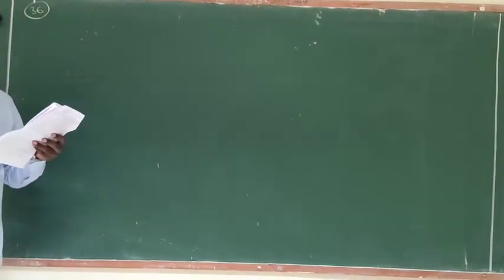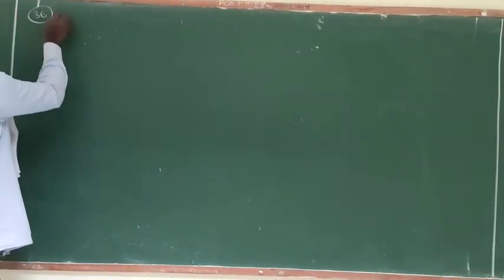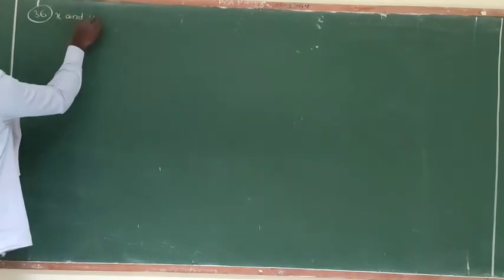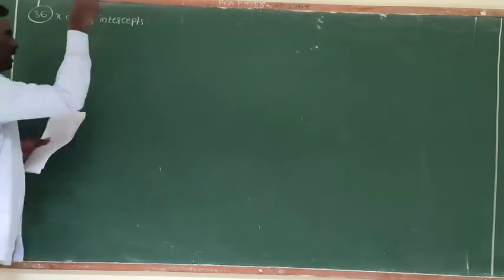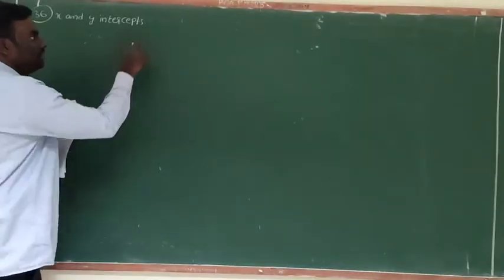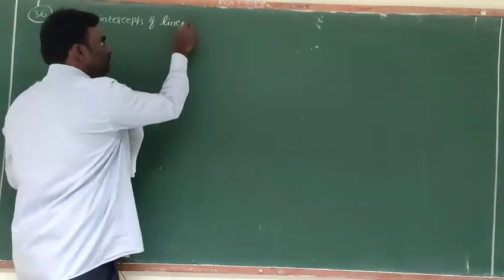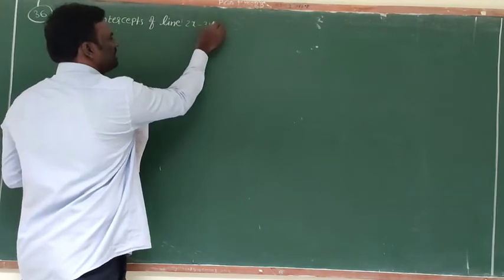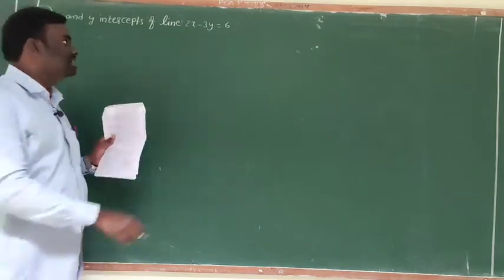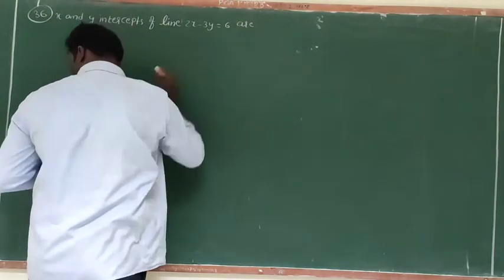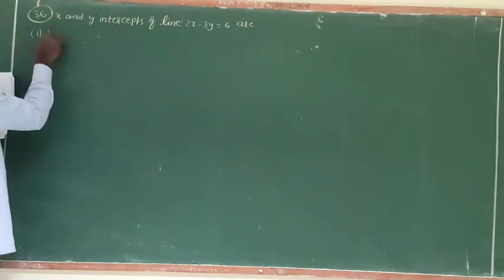36th question. The x and y intercepts of the line 2x minus 3y is equal to 6 are: first option, 1 by 2, 1 by 3.